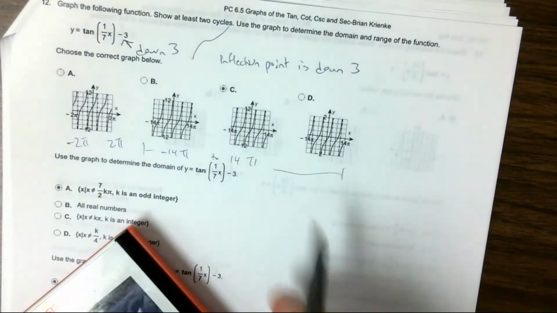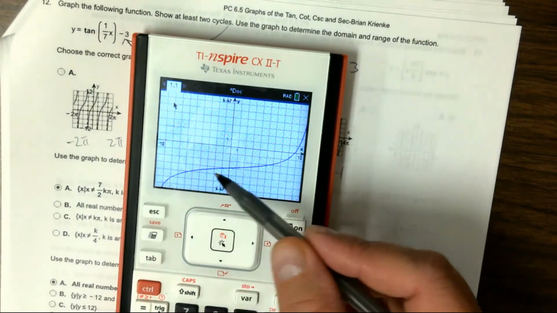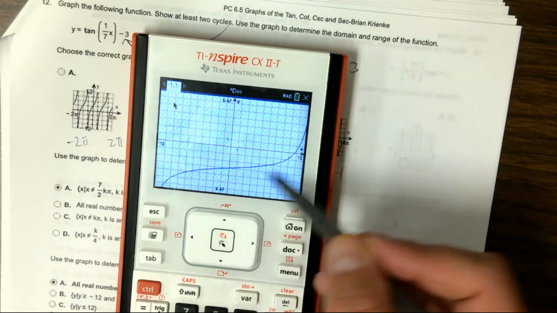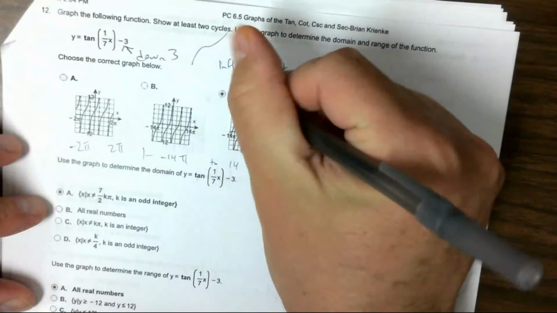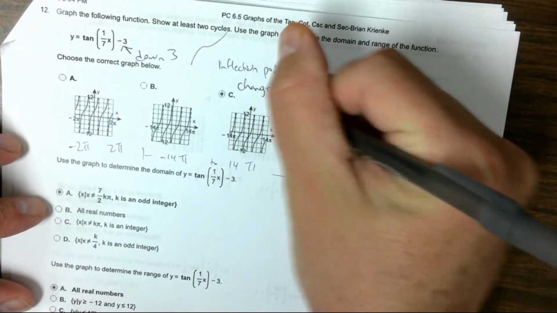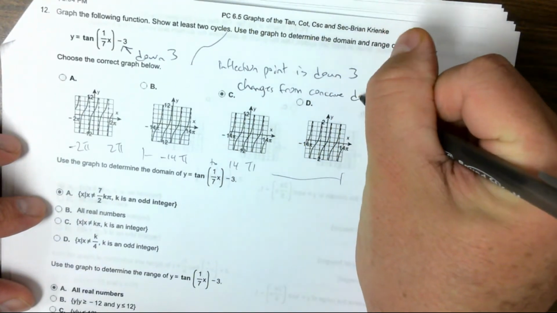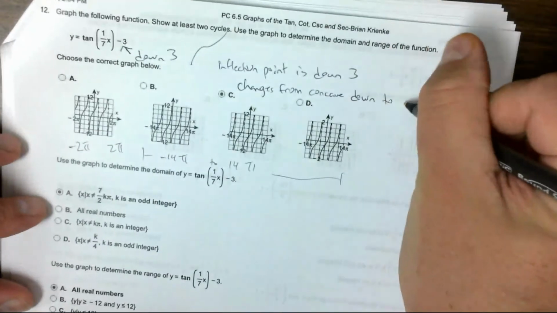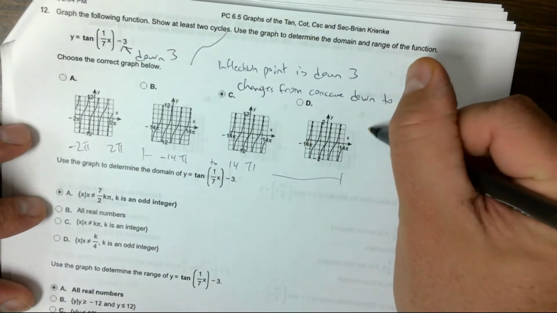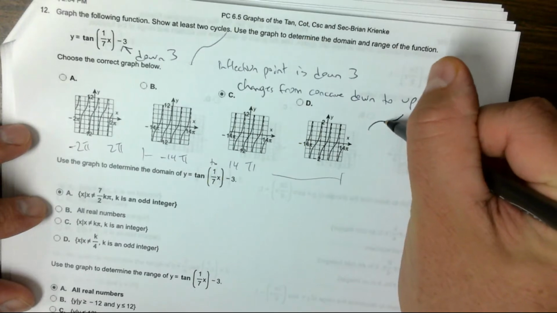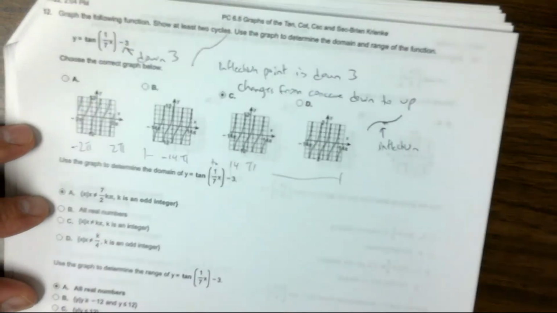Inflection means where it turns, like literally right there where it changes from concave down to concave up. This is the inflection.